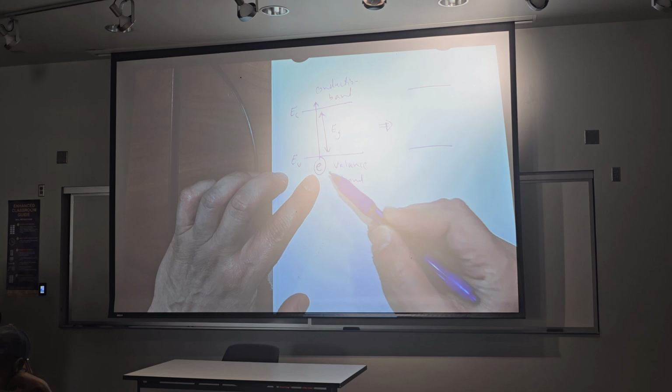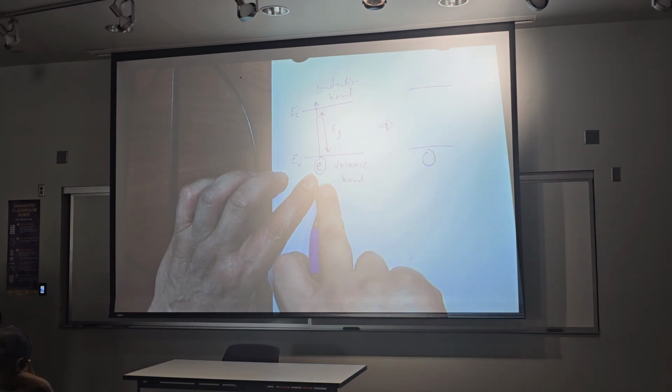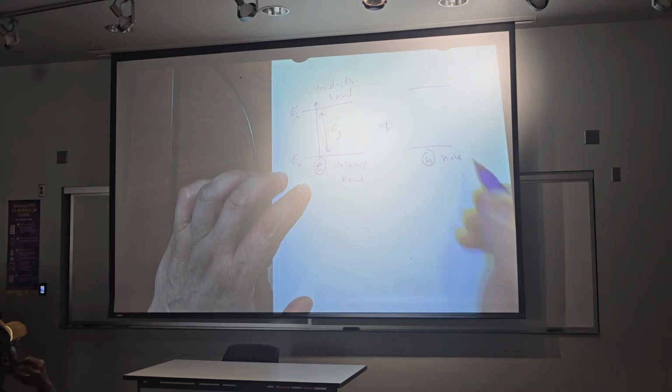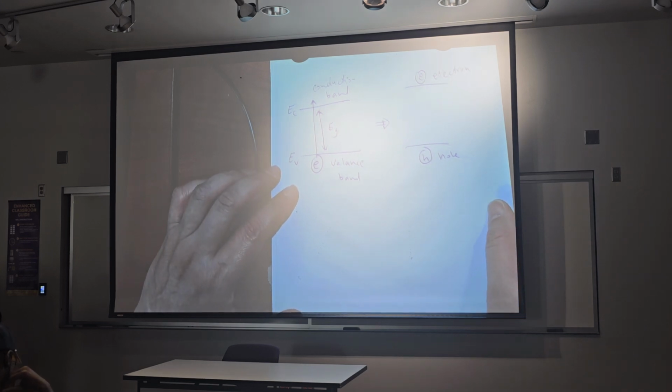So now, when the electron transfers from the valence band to the conduction band, here would be the hole. The electron already has a negative sign, and the hole is positive.